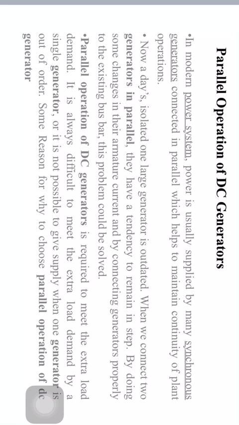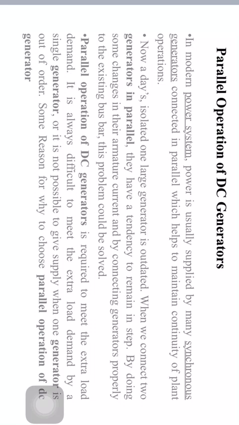Instead of going for one large generator, if we connect two generators in parallel, then if one is under repair, the other remains, so we can get continuity of supply.